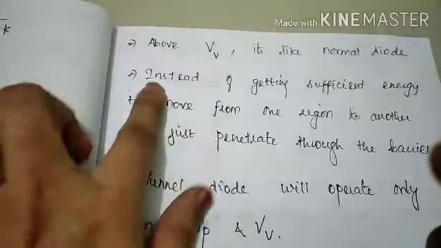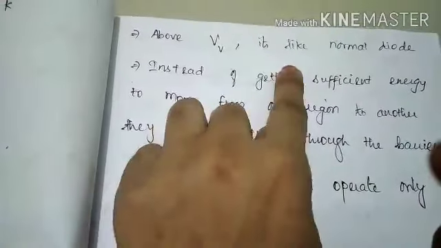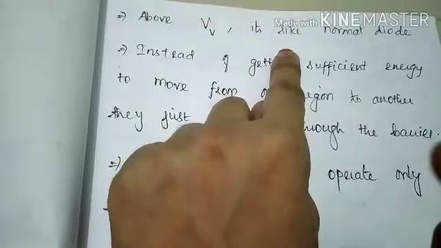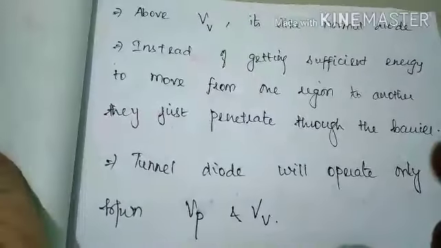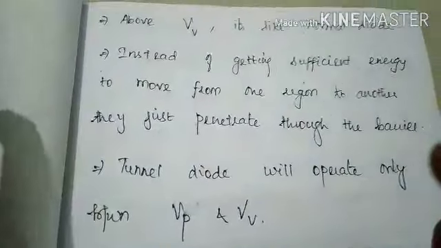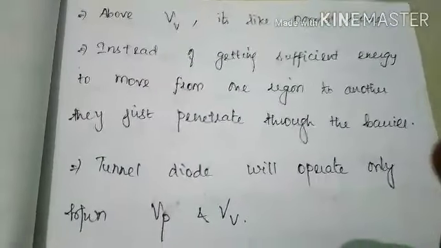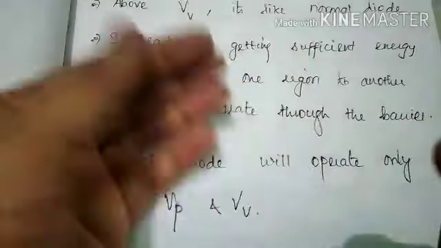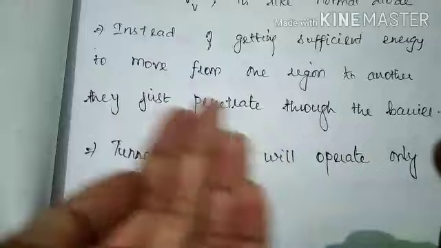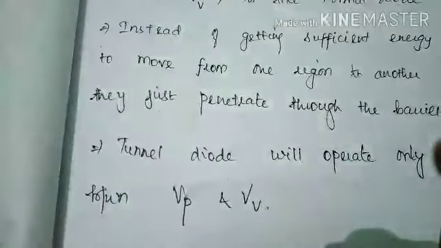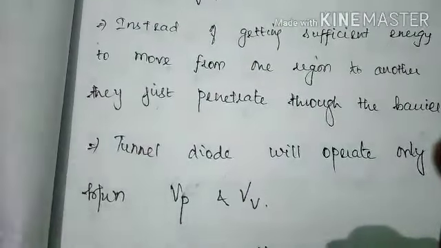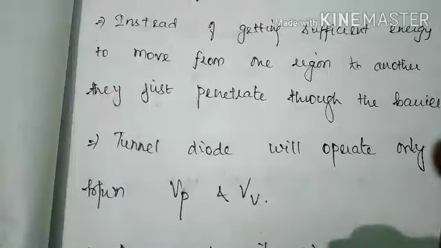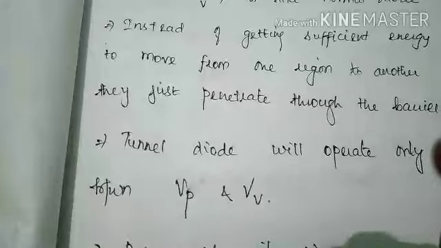See, above Vv, that is above the valley voltage, it looks like a normal diode. It is operating like a normal PN junction diode. Below Vp, it acts like a small resistance, right? So between Vp and Vv, it is a tunnel diode. See, instead of acquiring sufficient energy to move from one region to another region, it just penetrates through the barrier.